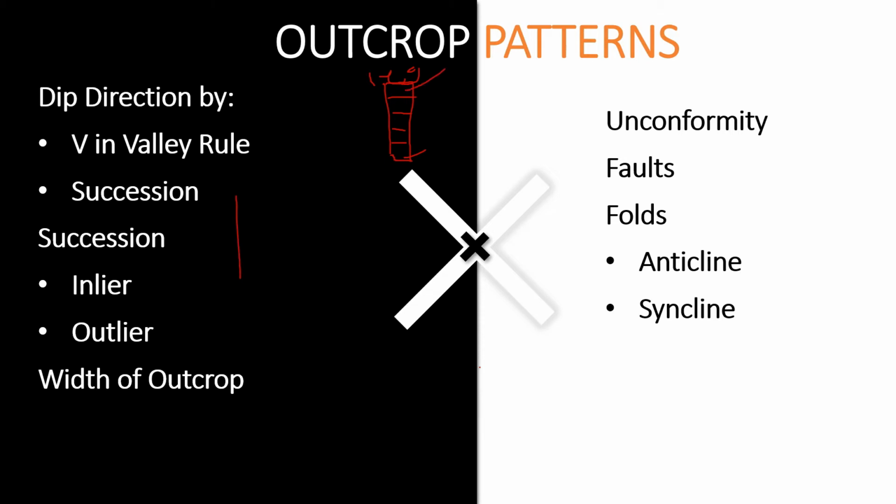So if we see the map, if we recognize that this is a younger outcrop that is projected in our legend, and this is an older rock, so most probably our dip direction is in that way, because it is stated that the dip direction by succession is always pointing at the younger rocks.